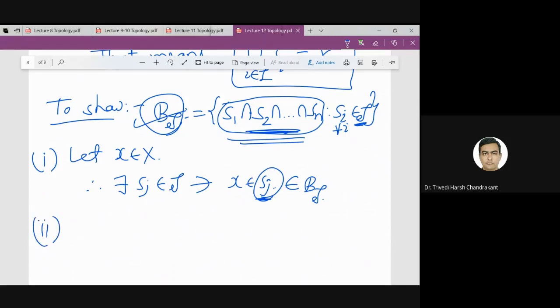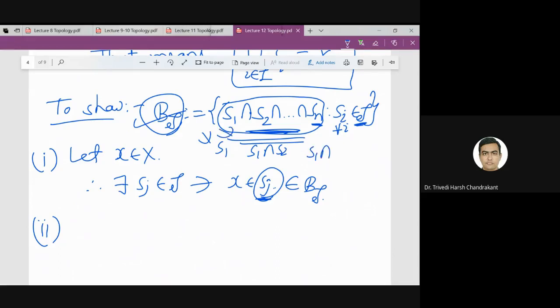Is this definition clear? Bs is the set of all finite intersections of the elements of S. So this n is basically changing. S1 also belongs to these. S1 intersection S2 also belongs to these.